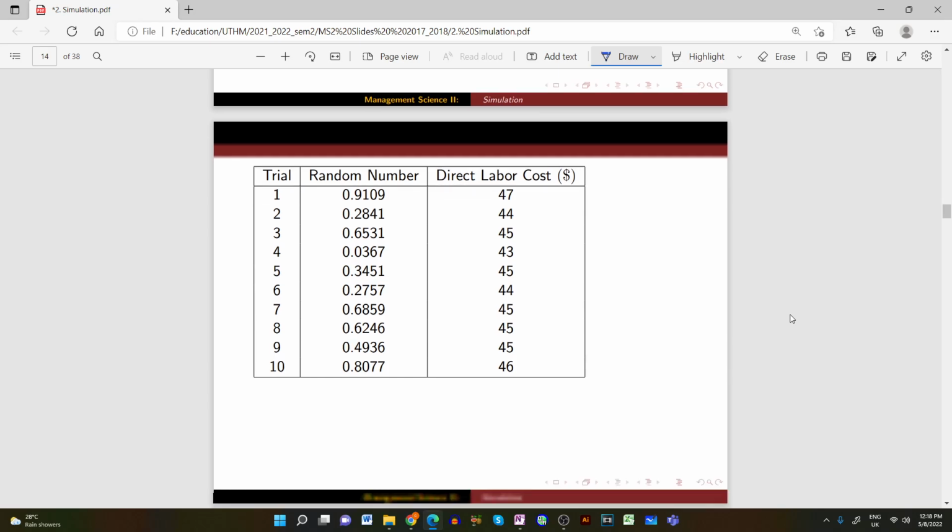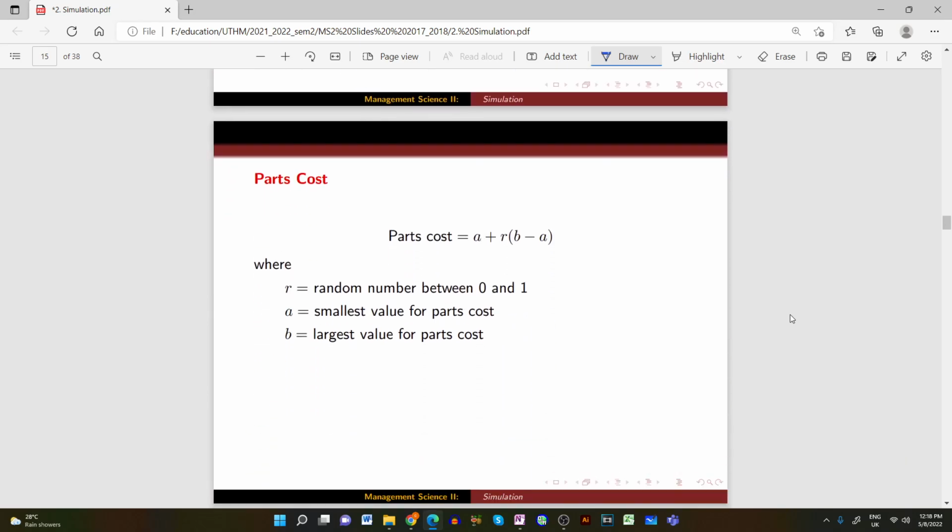Next one is this formula here, the part cost. For part cost, now we say it's a uniform discrete probability. This is the formula, whereby A is the smallest value of the part, and this is the largest value of the part. Previously, the part cost range was 80 to 100.